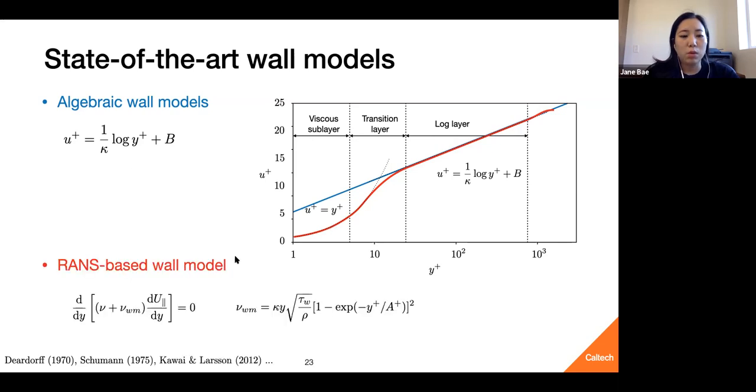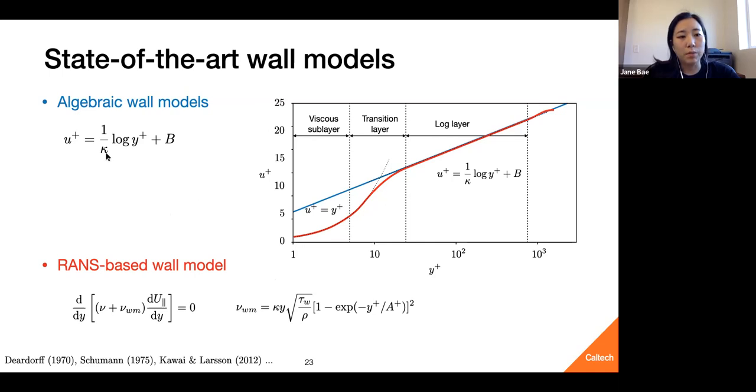The RANS-based wall model, which is called the equilibrium wall model in this case, instead of just saying that the log law is true everywhere, has some sort of damping on that log law so that you get the viscous sublayer as well. So the idea is similar to an algebraic wall model, but including the viscous sublayer. You can do that by solving this ODE, and that gives you this velocity profile.